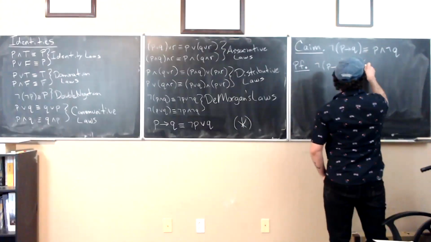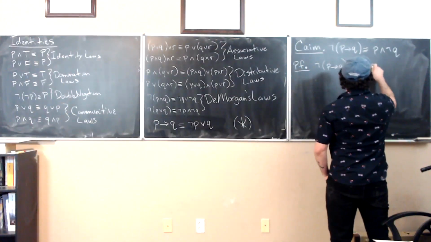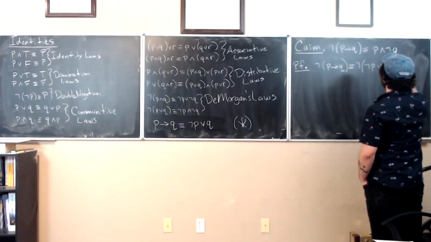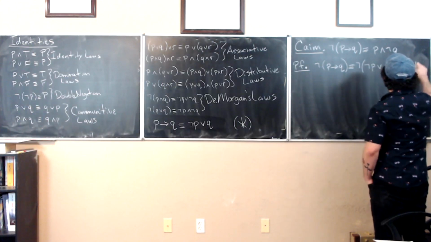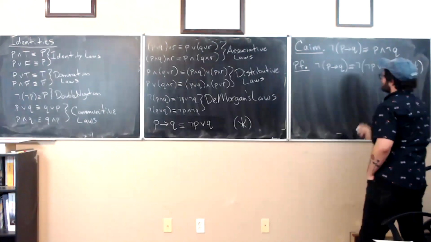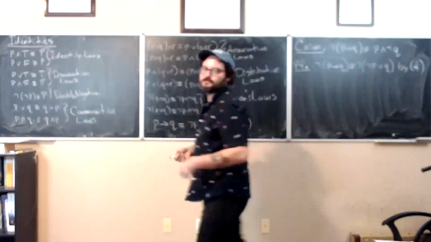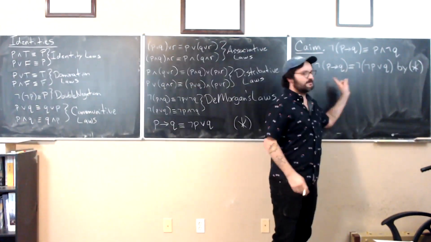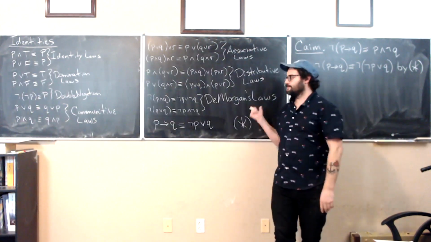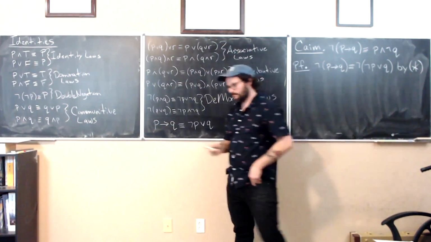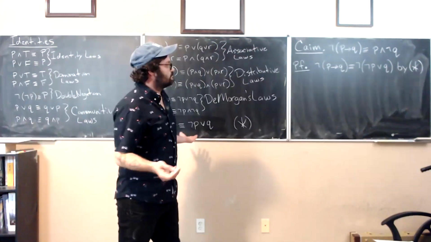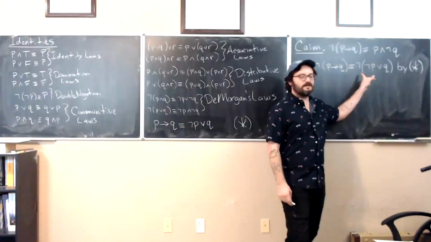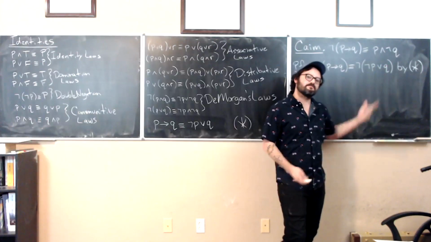So this will be logically equivalent to the negation of not P or Q, by star. So I've referenced the law. You can go look it up on my board. This is easily verifiable for you to check if you have this information. So the next rule, any guesses? We have the negation of a disjunction.